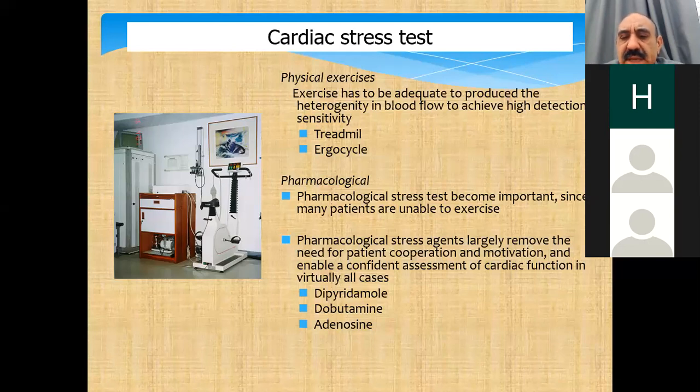Recently, we are using Lexiscan or regadenoson, which is also a vasodilator. So adenosine is a vasodilator, dipyridamole is a vasodilator, but dobutamine is a chronotropic drug that increases the heart rate.